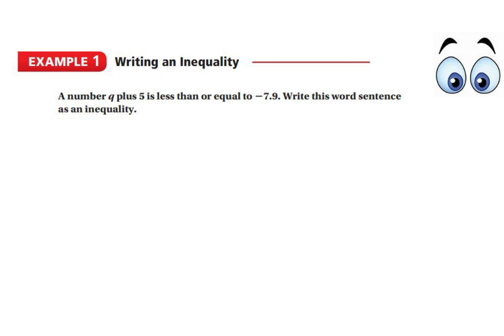A number q plus 5, so we could write that as q plus 5, is less than or equal to negative 7.9. So q plus 5 is less than or equal to negative 7.9. That is our inequality.